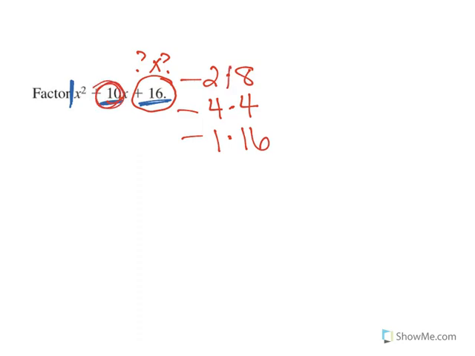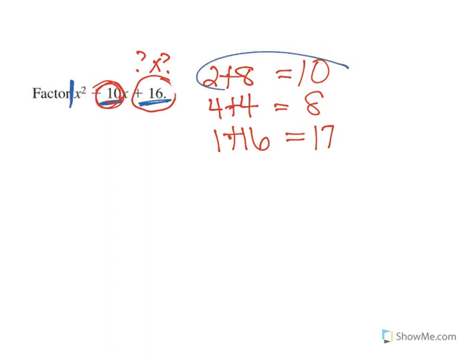Well, 2 plus 8 is 10, 4 plus 4 equals 8, and 1 plus 16 equals 17. I'm going to erase those lines because I don't want you to think they're minuses. So this pair right here is the one we're looking for.